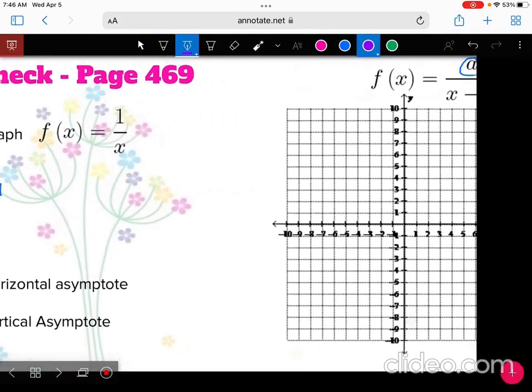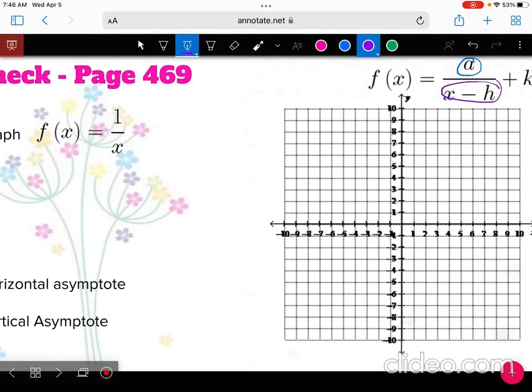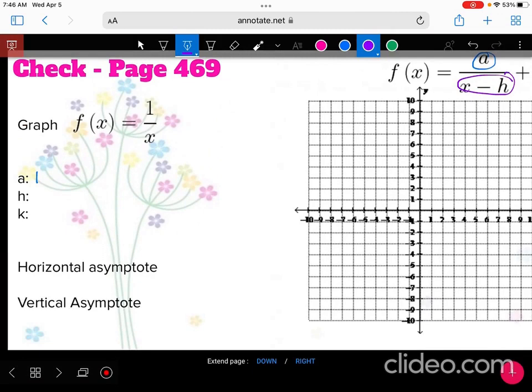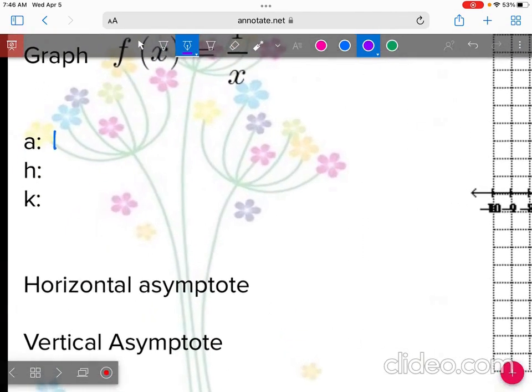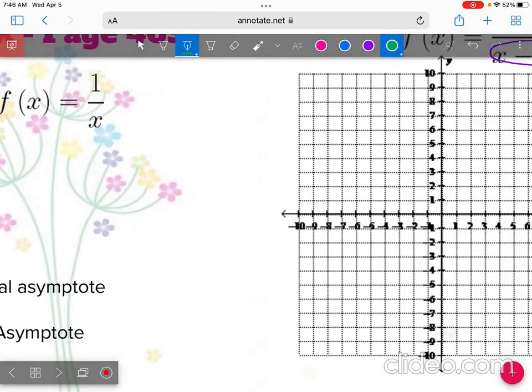What is our h? When does our denominator equal 0? When x is by itself, when x is 0. And our k is added on the end.